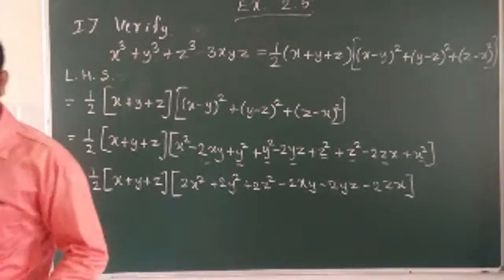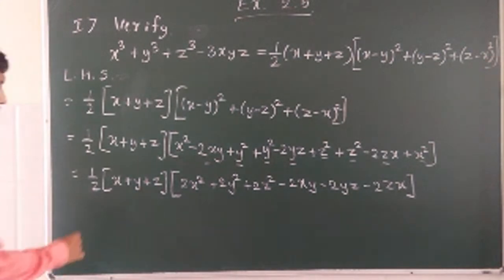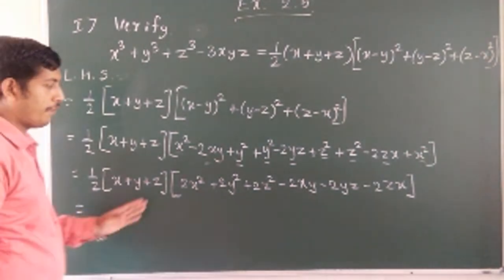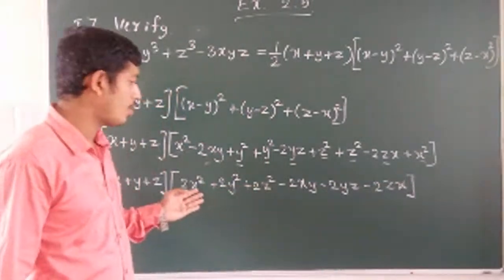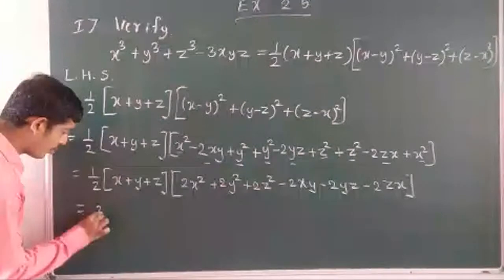Just look at the steps. What we have to do is expand the given terms by using the identity (a minus b) whole square. Next, if you consider all these terms, 2 is common. So I will take that 2 outside, so it becomes 2 divided by 2.